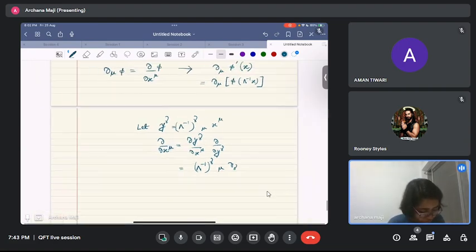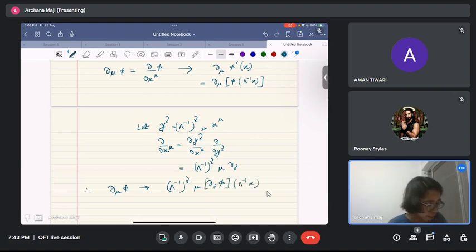Therefore del mu phi becomes lambda inverse nu mu del nu acting on phi labeled by lambda inverse x.